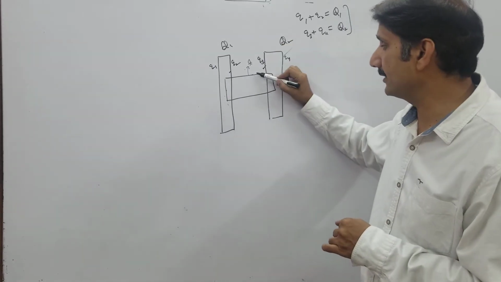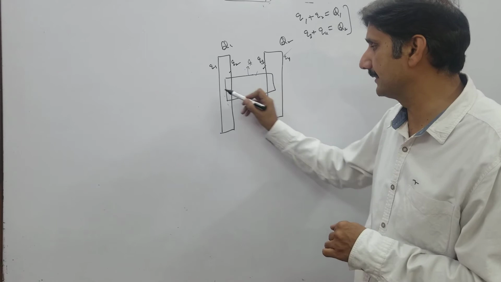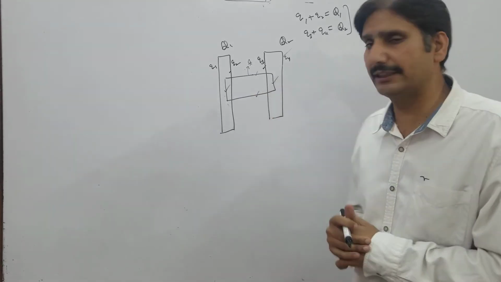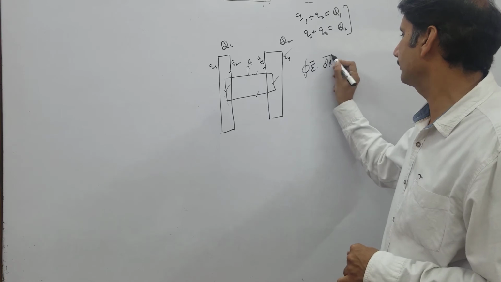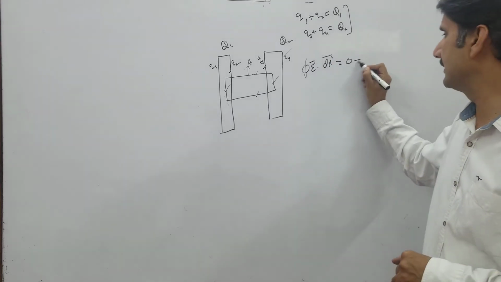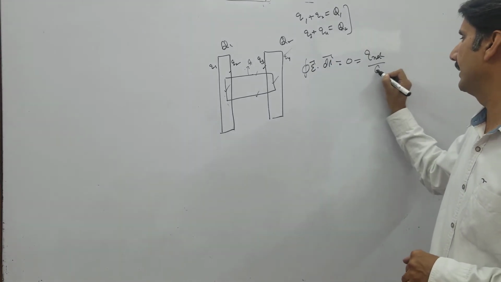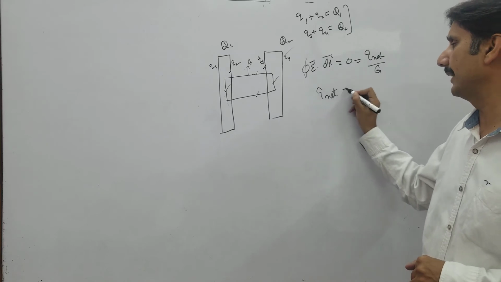This means that flux through this surface is 0, through this surface is 0, through this surface is 0, and through this surface is 0. That means E dot dS is equal to 0, which is equal to Q net divided by epsilon naught. That means Q net is equal to 0.